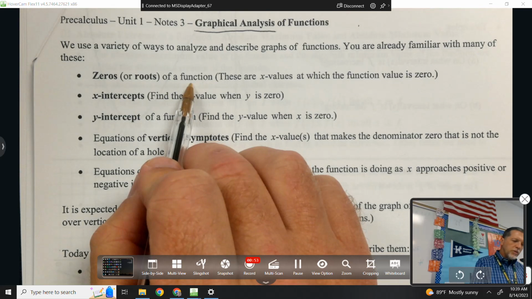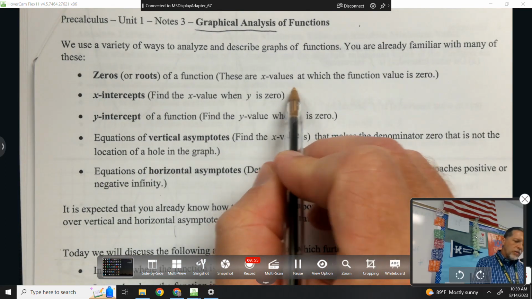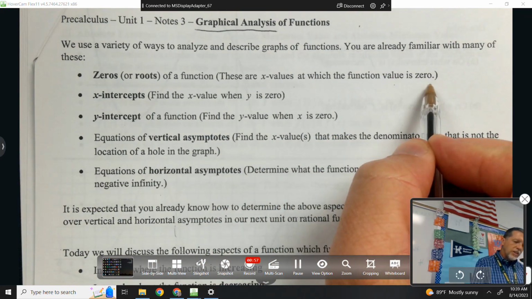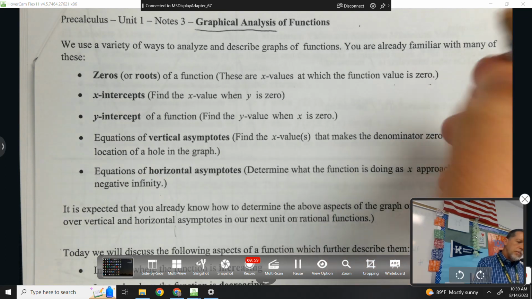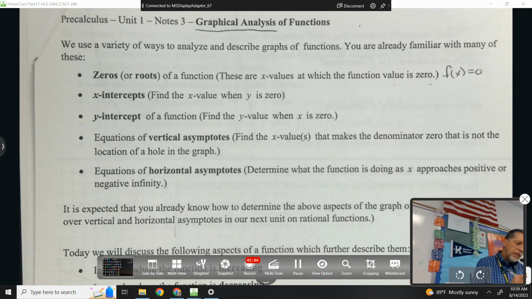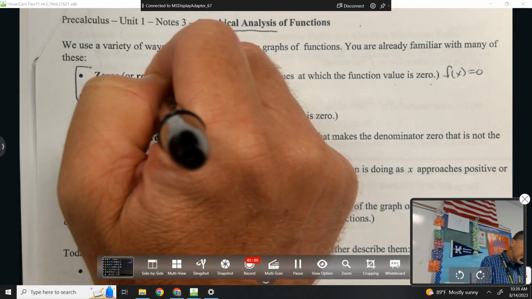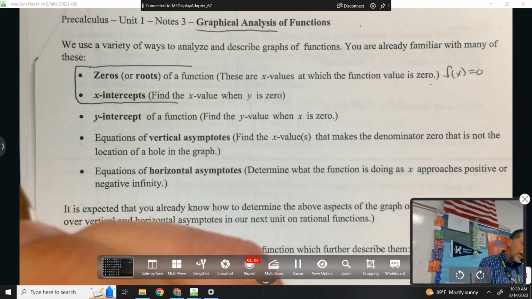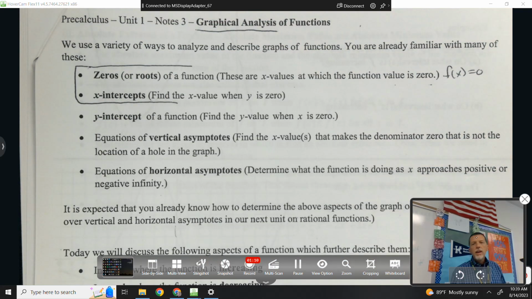Zeros or roots of a function are the x value where the function value is 0, meaning you get f of x equals 0. It's the same thing as the x-intercepts. I wish we had put these on the same line, because if y is 0, then that's a zero, or a root, or an x-intercept.